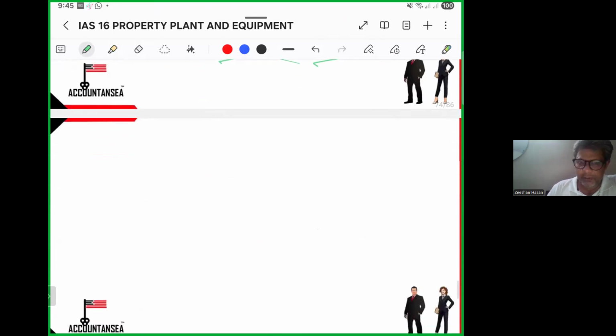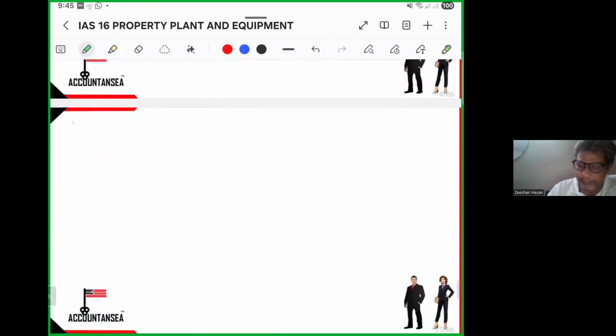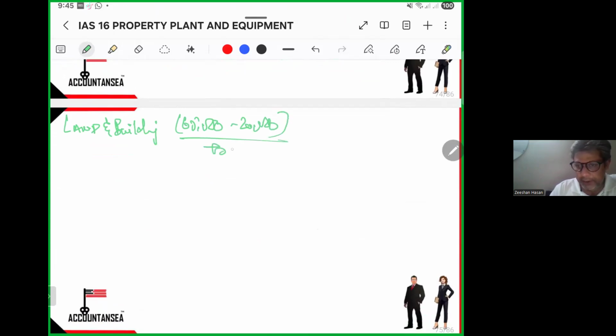So what will we do? Land and building: 65,000 minus 20,000 divided by 50, we get 900. Fixtures and fittings: 24,000 divided by 10, 2,400.